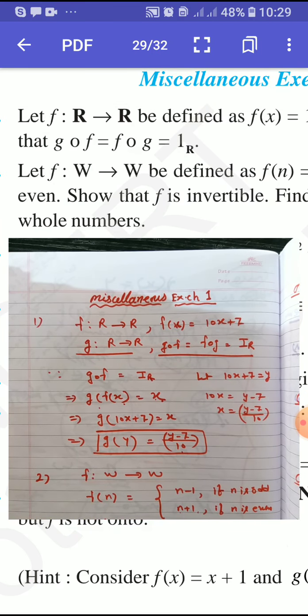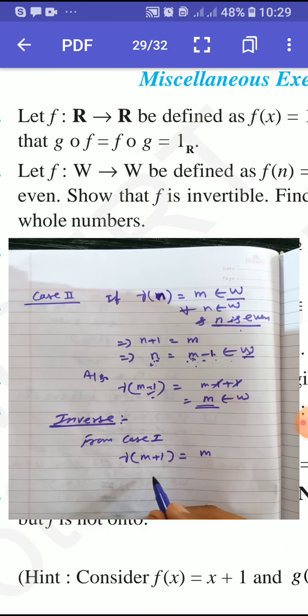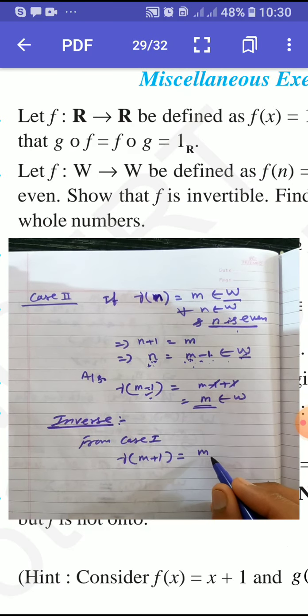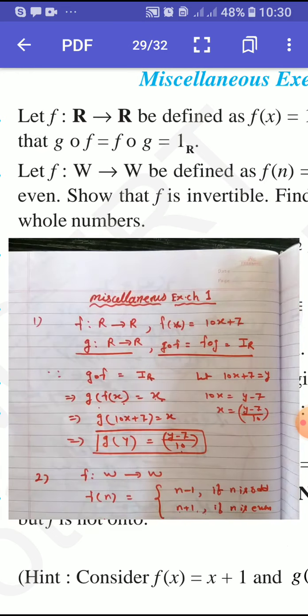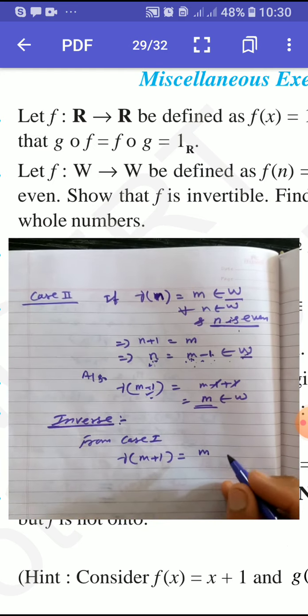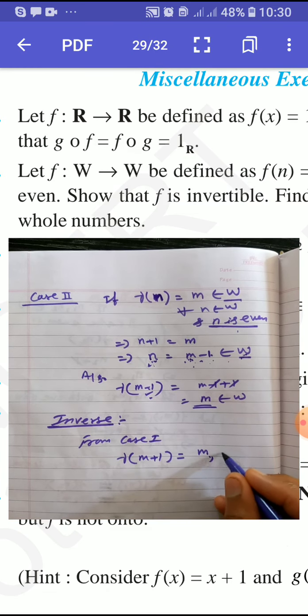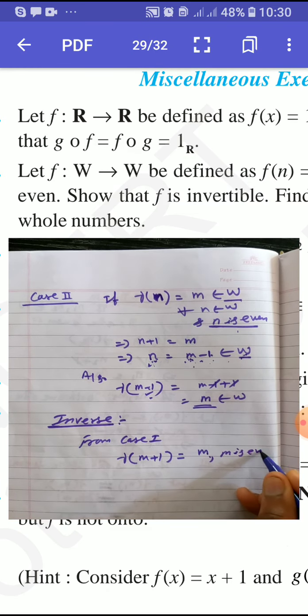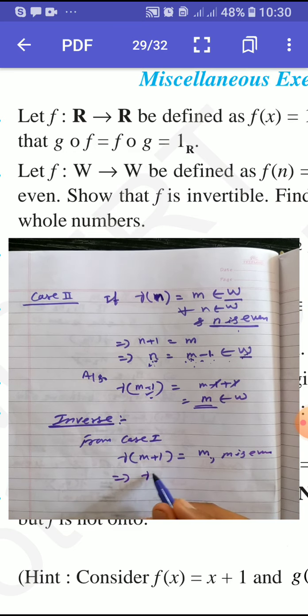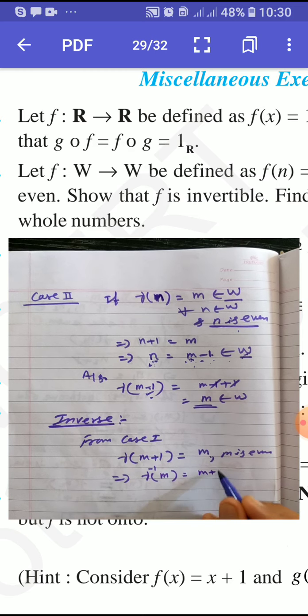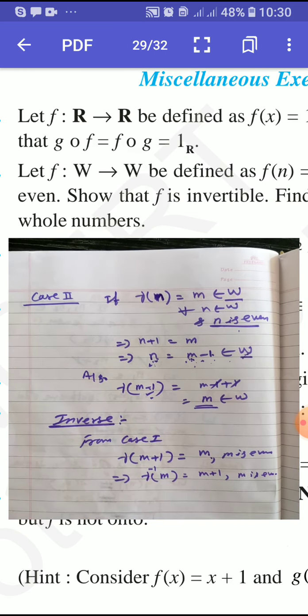Clear case, okay? What is m? Because in case first, n is odd, so m is even. M is even. Implies f inverse m equal to m plus 1, m is even, right?